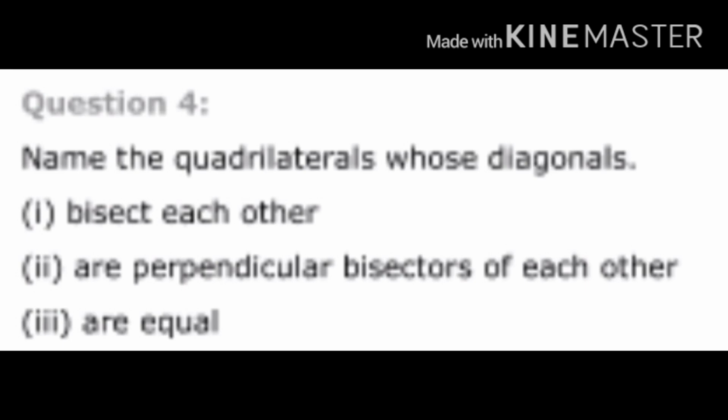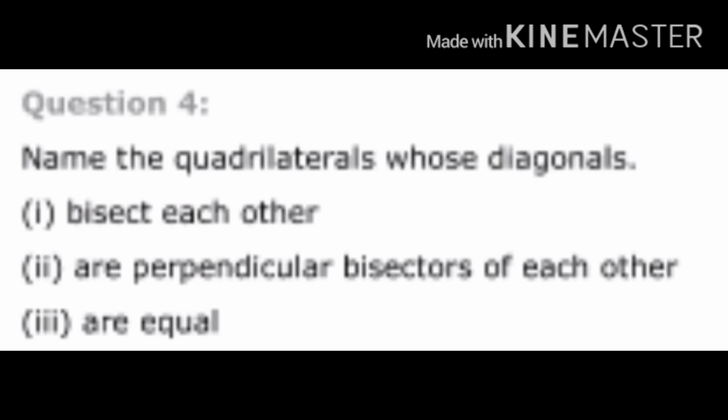So the answer is parallelogram, rhombus, square and rectangle. These are the quadrilaterals whose diagonals bisect each other. Now be careful, I am saying bisect. Bisect means they are just cutting each other. Clear?